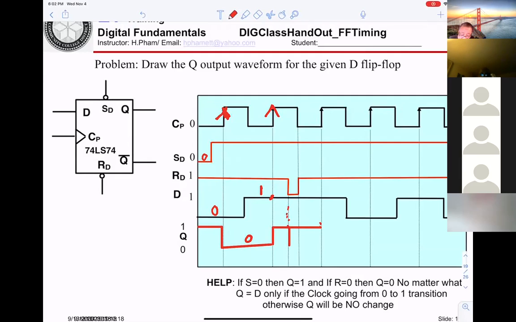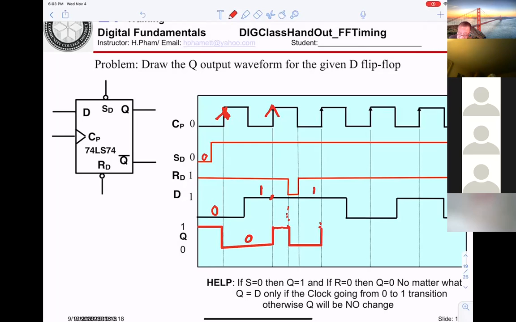So this one, it goes low all the way up to the next transition. Perfect. They will go low to the next transition. And you know Q, you know D, 1. Q will go to 1.